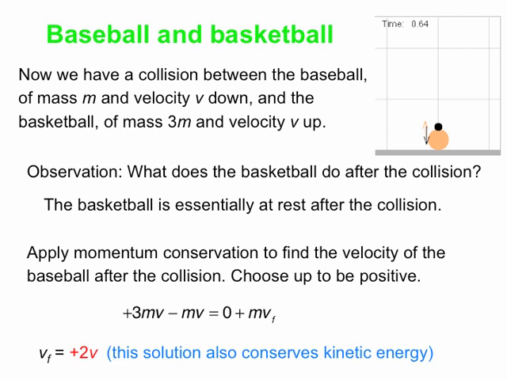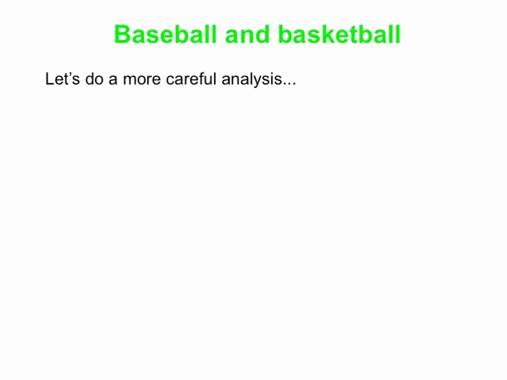In other words, the baseball after the collision is, A, going up, and B, has twice the speed it had just before the collision. If you work it out, you'll find that this solution also does conserve kinetic energy. That may be a little unsatisfying because we put in the assumption that the basketball is at rest, so let's go back and do a better job of this.